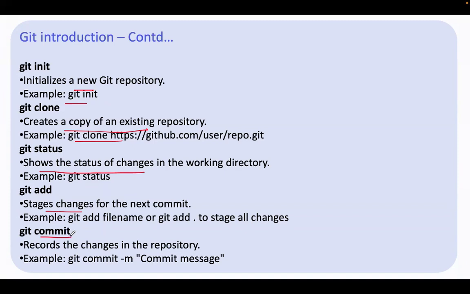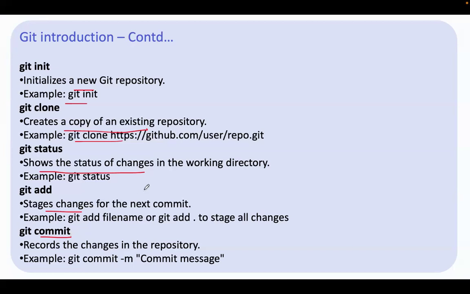How do I see all the commits in my local repository? Anyone? Git status. No. Any other try? Git diff. Git diff will show you the difference between your last commit and current commit.